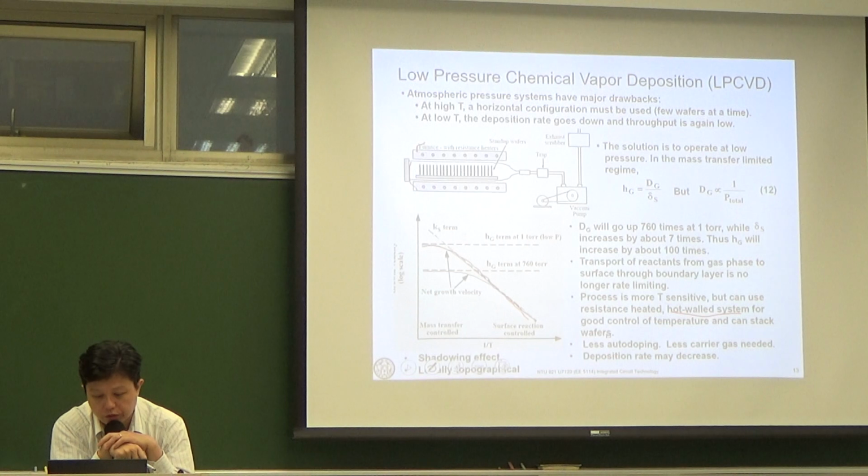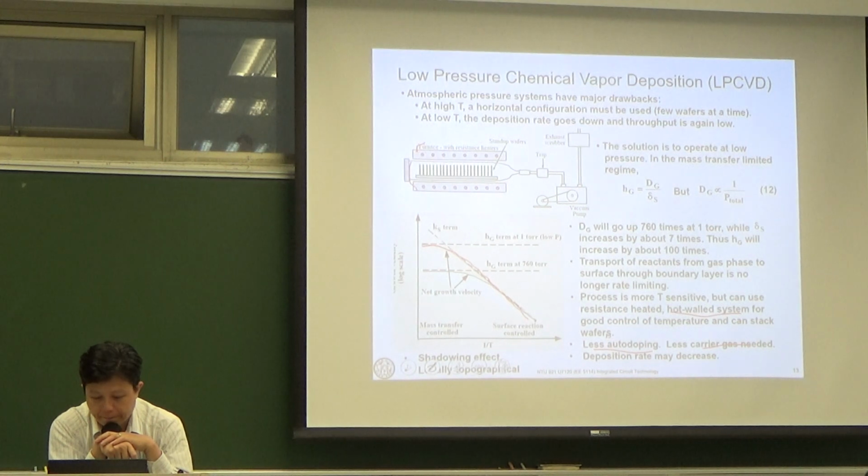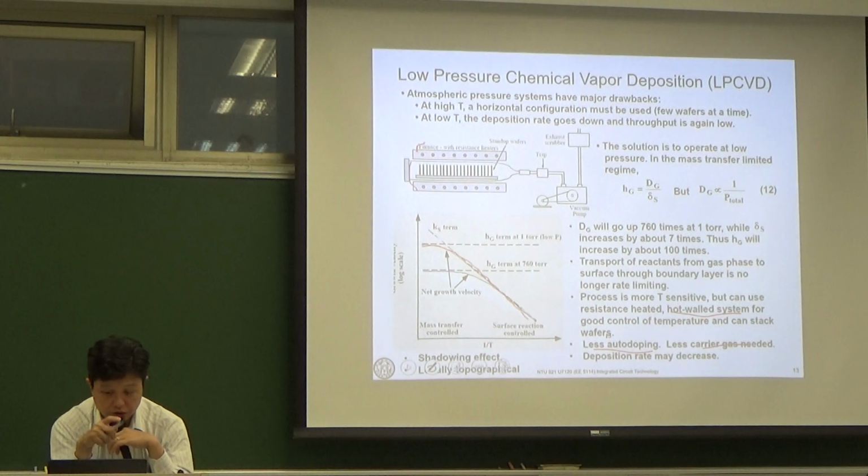By removing the susceptor, you can reduce the auto-doping, and also less carrier gas is needed. And your deposition rate may decrease.